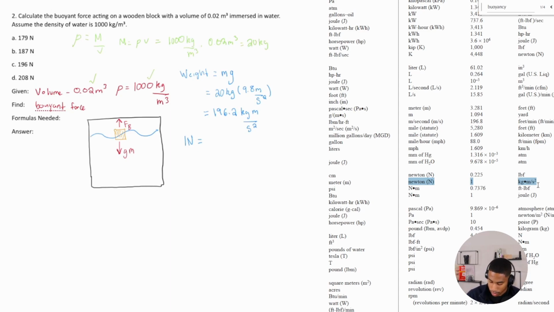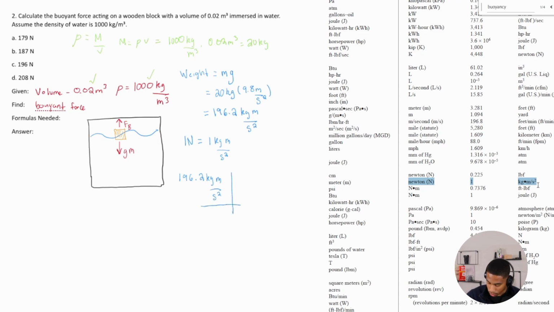So 1 Newton equals 1 kg m over s squared, which means that we have 196.2 kilogram meters per second squared.